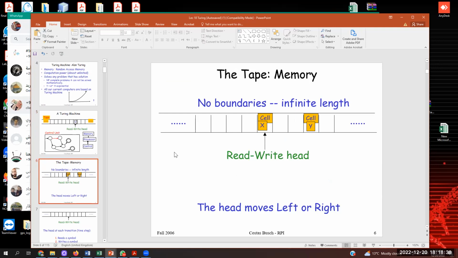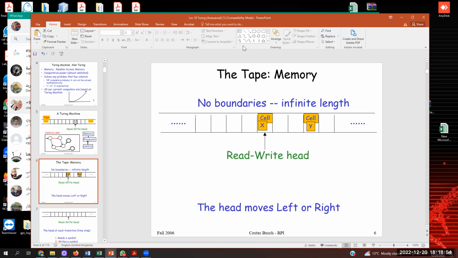So now, as I said, the read-write head, I have my cell is X, I read X, and then the head moves from left to right or right to left.